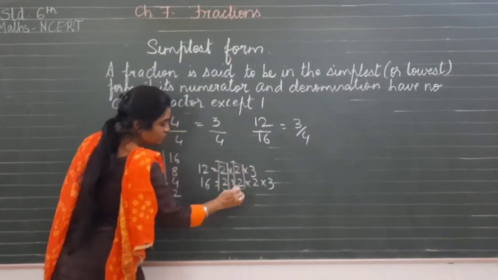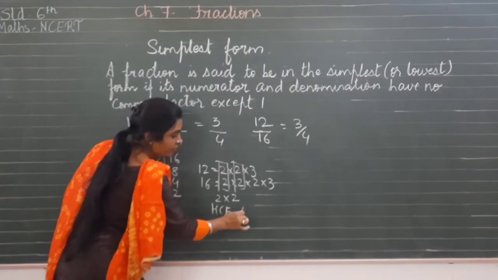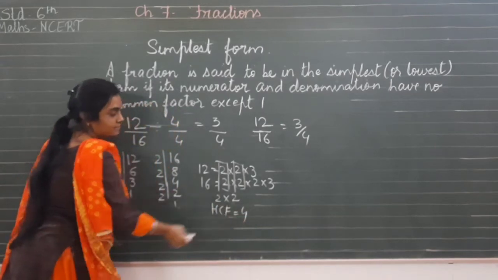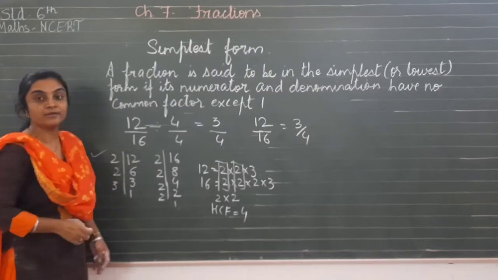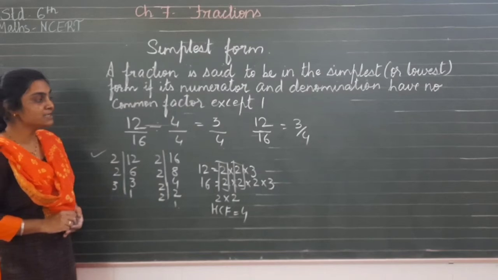Common is 2 into 2. So the HCF is 4. So we can use the HCF method also, and we can find out the simplest form.